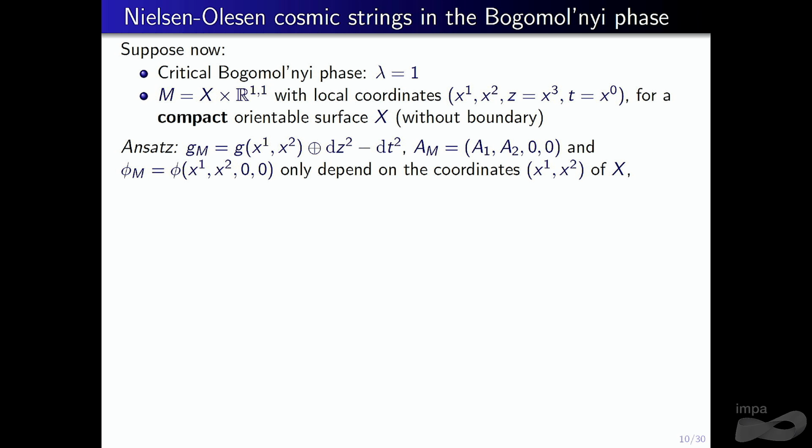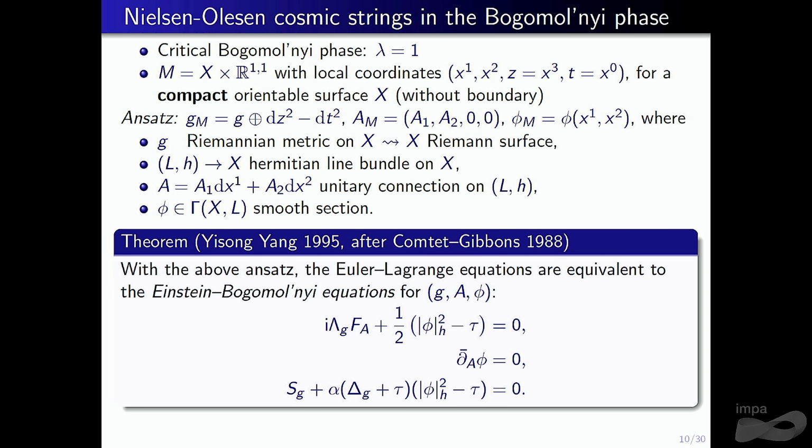That's why I want the metric, the connection, and the Higgs field to depend only on the coordinates on the surface. I also need to assume lambda is 1, which is like the critical phase of superconductors between two phases. Otherwise, this is not true. But in this special case, Yi-Sung Yang proved that the Euler-Lagrange equations are equivalent to these three equations.